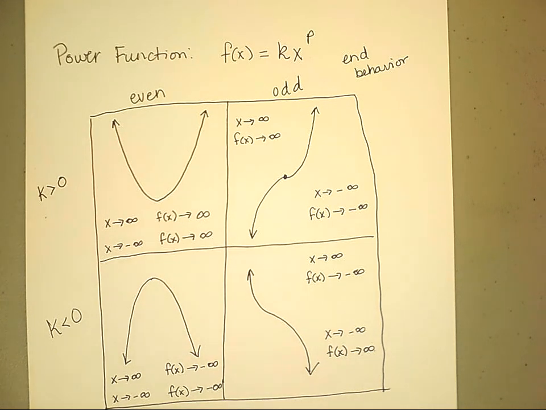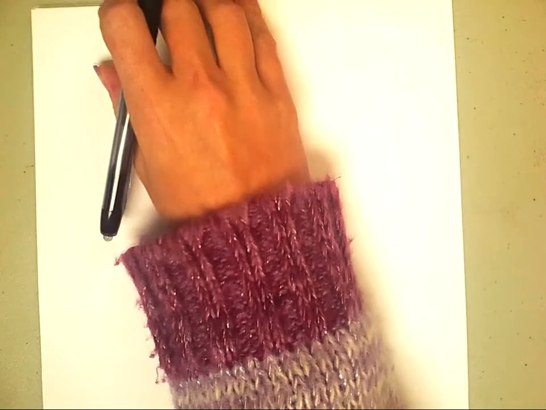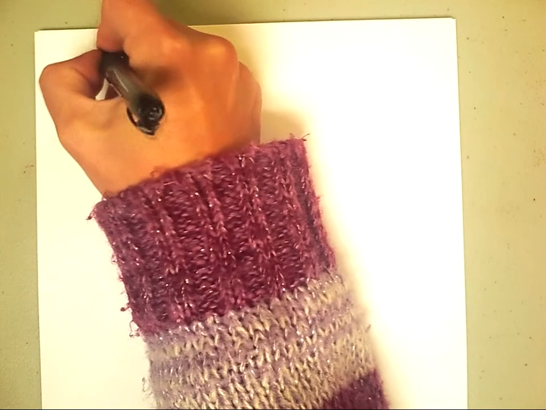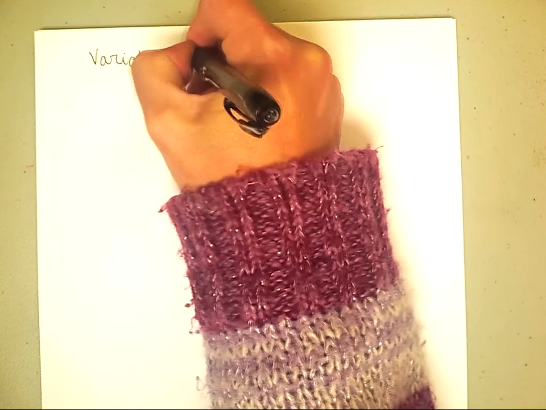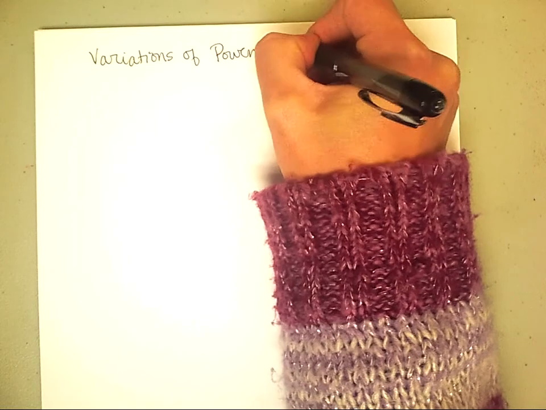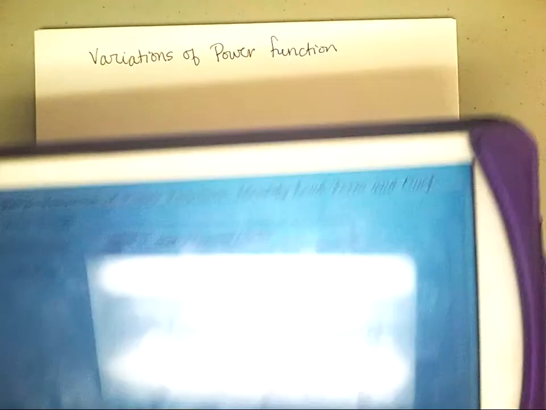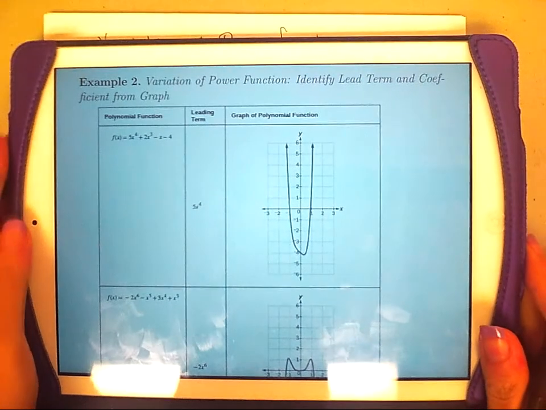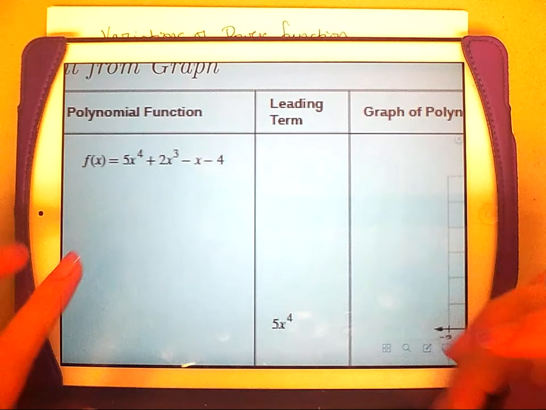And now let's look at some different functions. So we're going to look at variations of the power function, and see what happens.